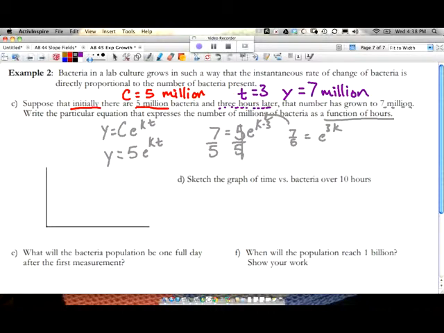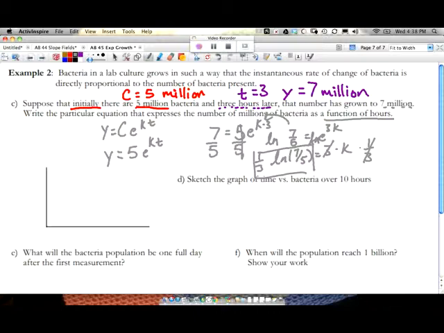All right, at this point, I'm going to look at natural log, because if I take natural log of both sides, that gives me natural log of 7/5 equals 3 times k. So now I'm going to multiply both sides by 1/3. And that gives me 1/3 natural log of 7 over 5 equals k.